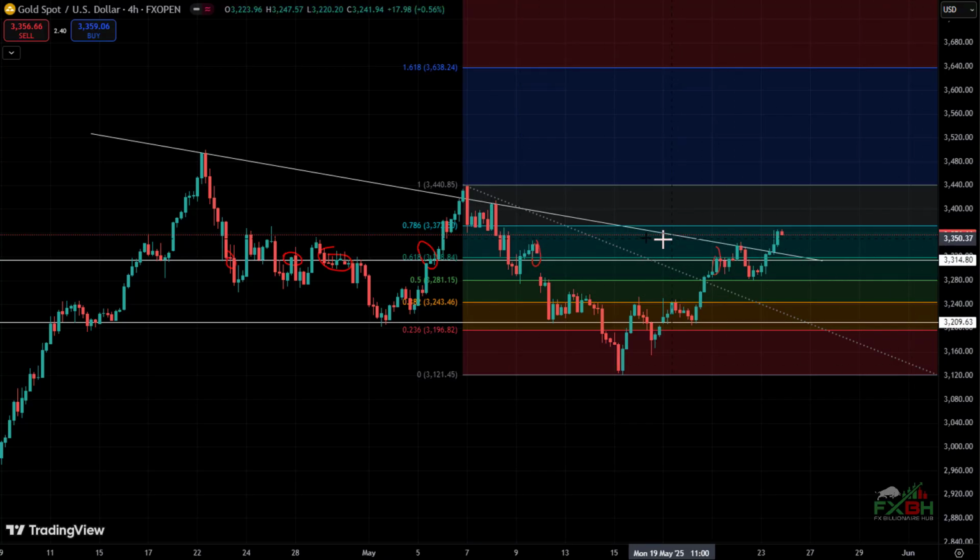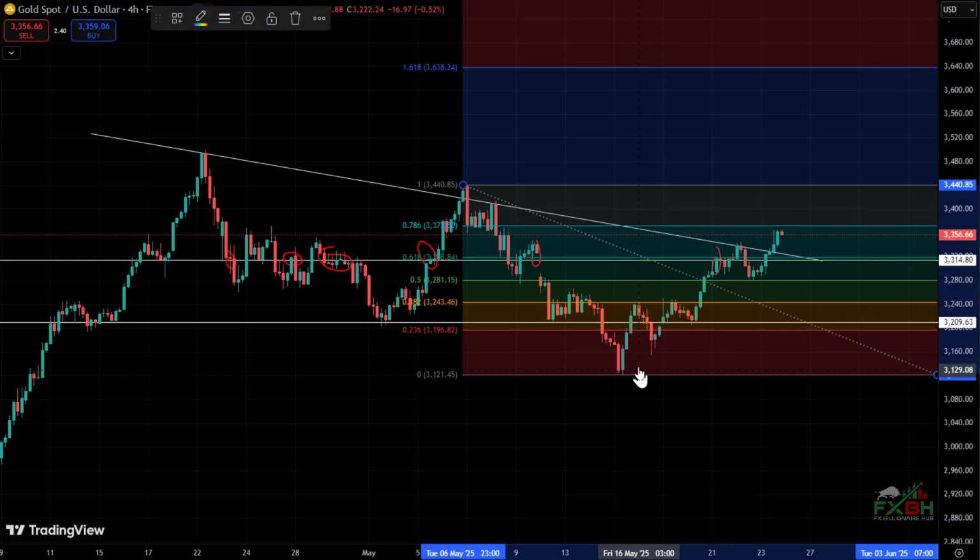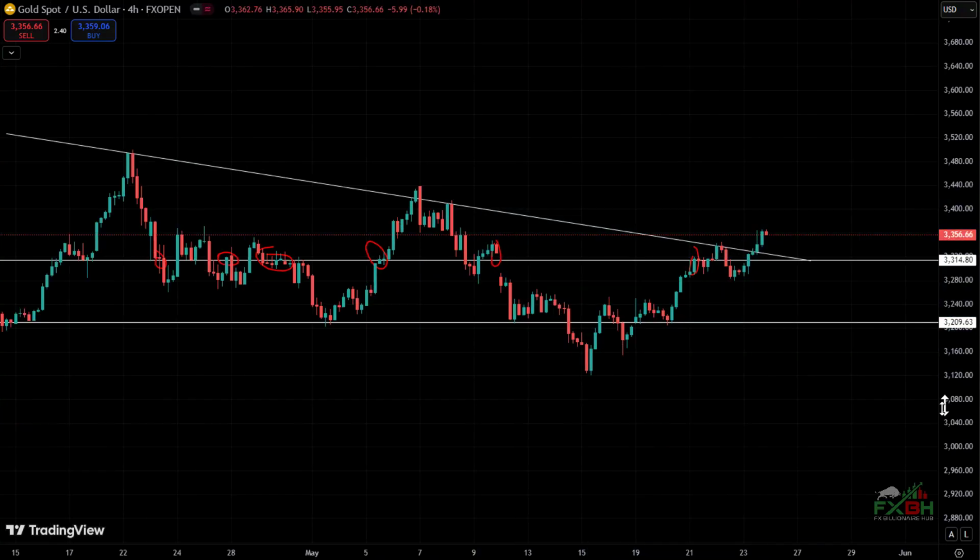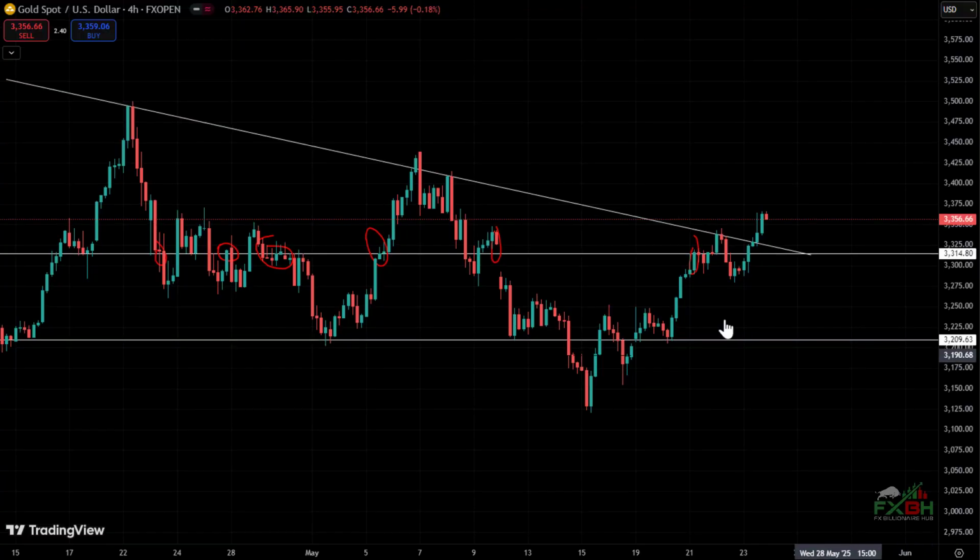So this is a very important area, and if we want to take an entry around this particular area, as you can see there, there is also our trend line zone, an important area, and a support zone, an important area.